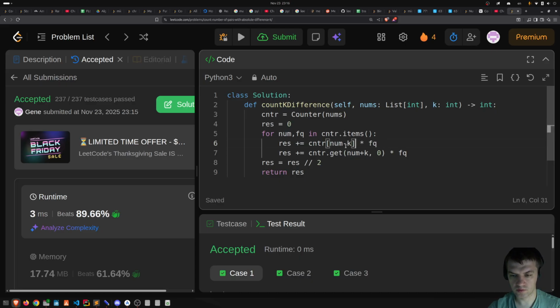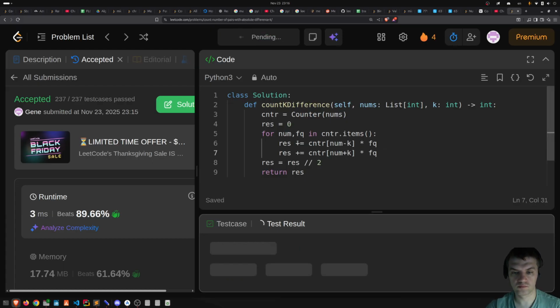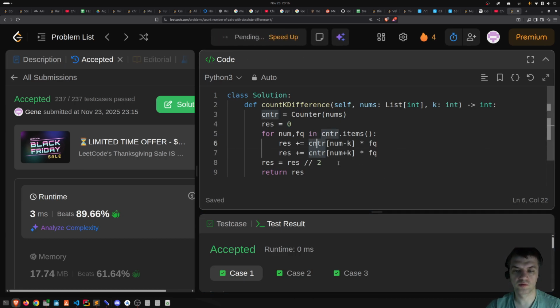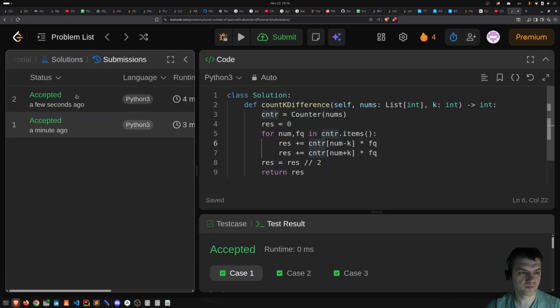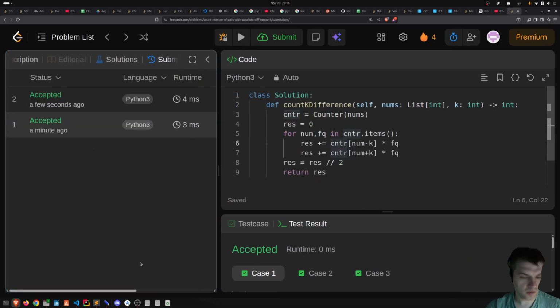Will it work? Yeah, so this works. Yeah, that's going to be it.